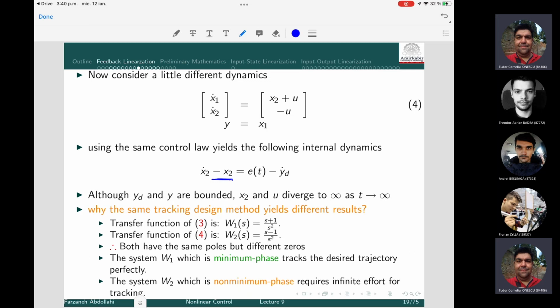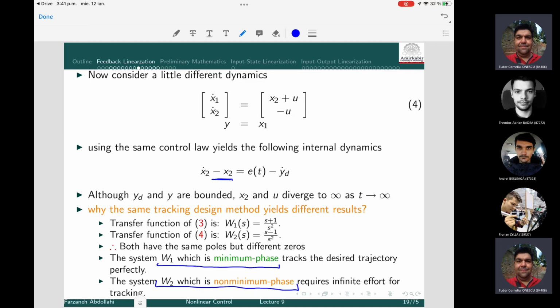It says that because the transfer function of the first system is s plus 1, you have minimum phase, even if it's unstable in s squared. Both have the same poles but different zeros. W1 is very good because it's minimum phase, whereas W2 is non-minimum phase. So the stability of zeros is extremely important.